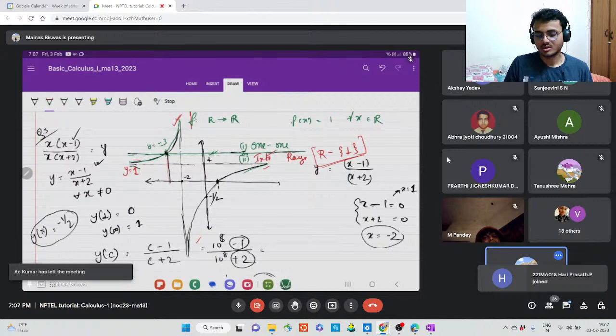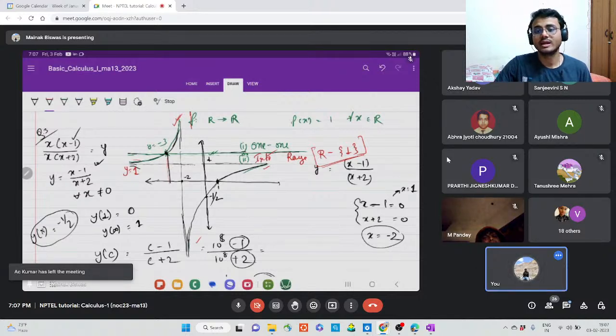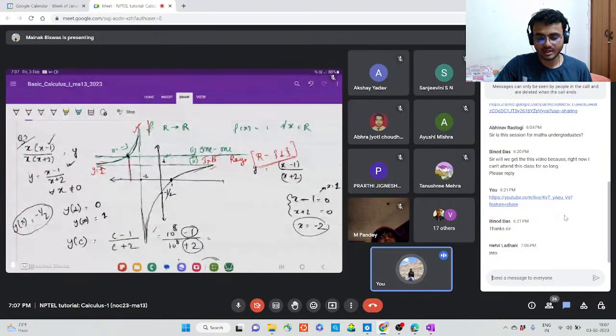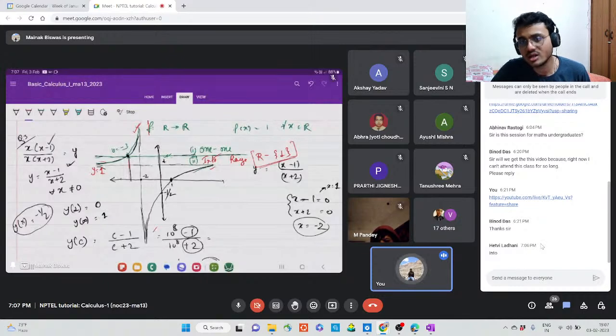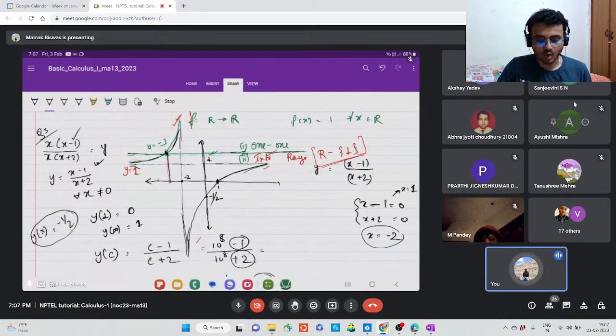That is the right explanation. Anyone else? Do you have a doubt why it is an into function? I see Hedvi also telling into, that's correct. So it's a one-one into function.